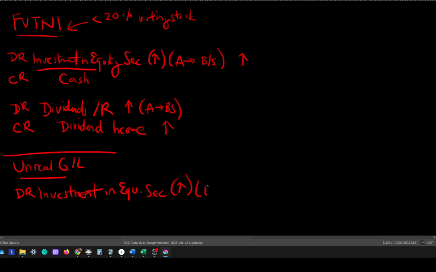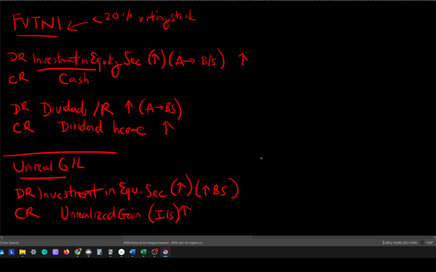That's increasing an asset on the balance sheet. And you are going to credit, what does this sound like? Unrealized gains or losses. So that account is unrealized gains, which is going on the income statement.